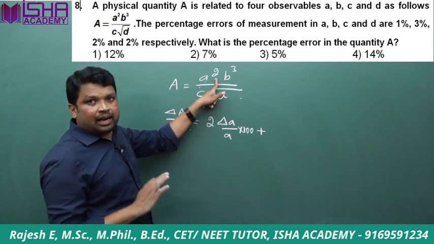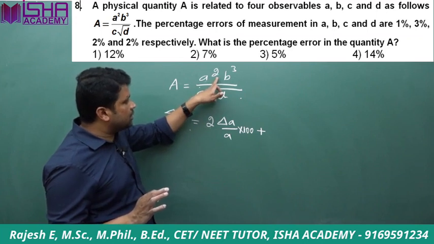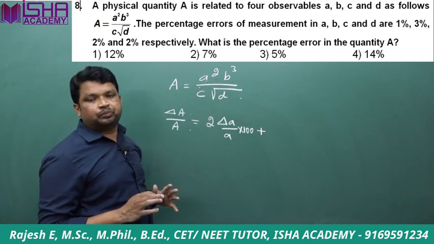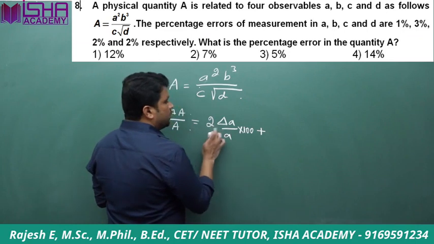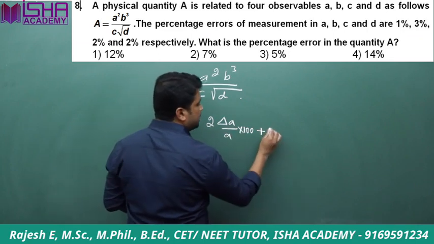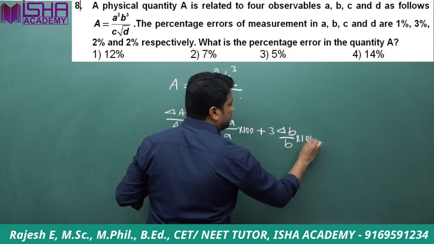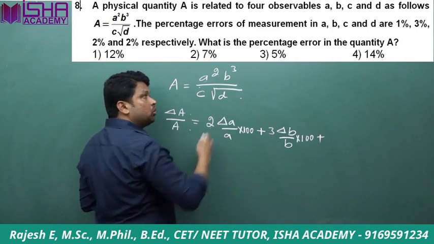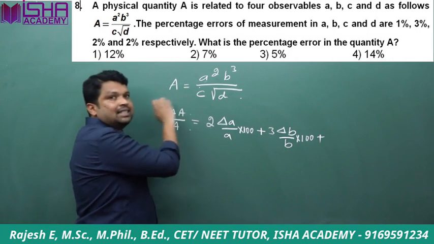All the errors are added, irrespective of the multiplication or addition or subtraction. So in this question, 2 into delta A by A into 100 plus 3 into delta B by B into 100 plus, it is divided by. Even though it is divided by, we have to add the error in C.